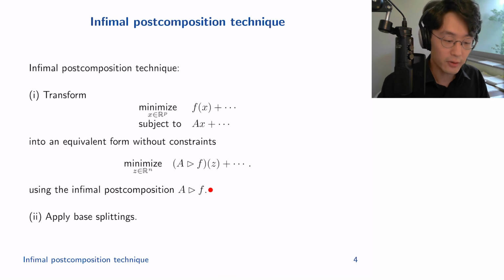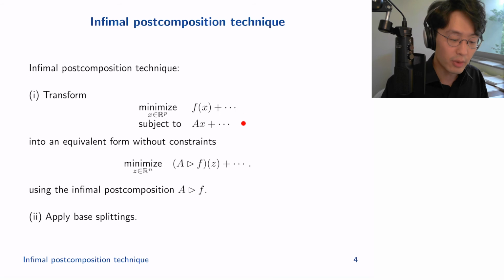This thing is referred to as the Infimal postcomposition of f by A, and by using this function and changing the variable from x to z, we are able to remove the linear equality constraints. We will further discuss the definition of the Infimal postcomposition and this equivalent transformation in the following few slides.